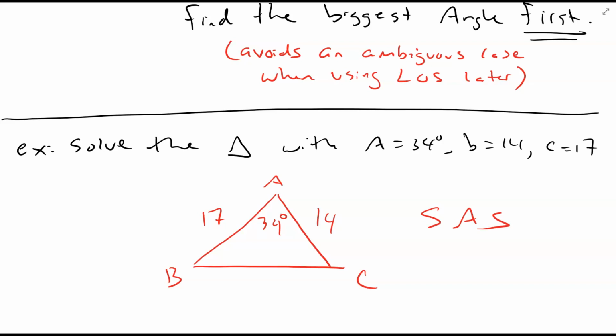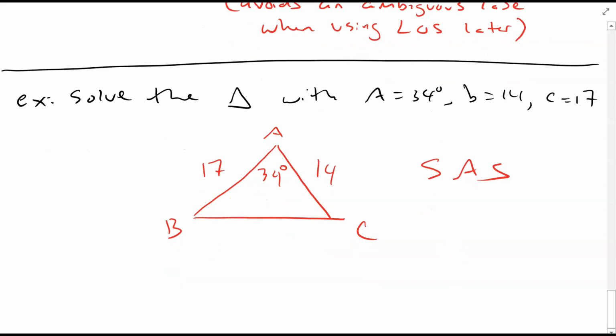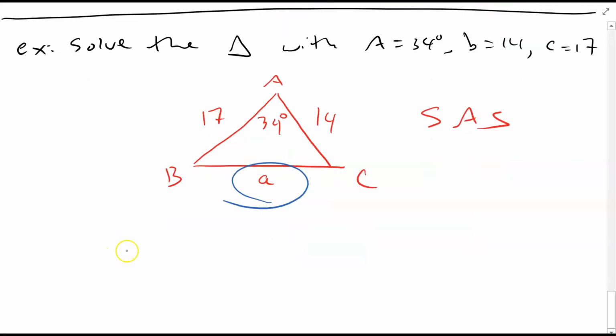So we're going to use the law of cosines then. Which part are we going to solve for first? We have to find side A. We don't have enough information to find either one of the other ones. So we've got to find A first.